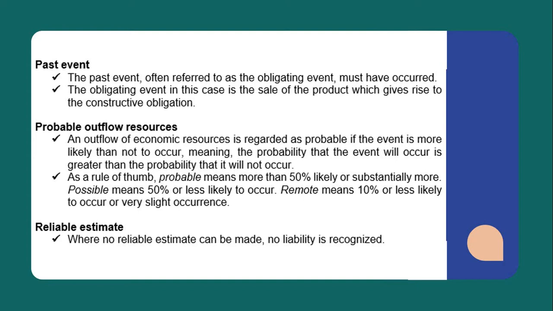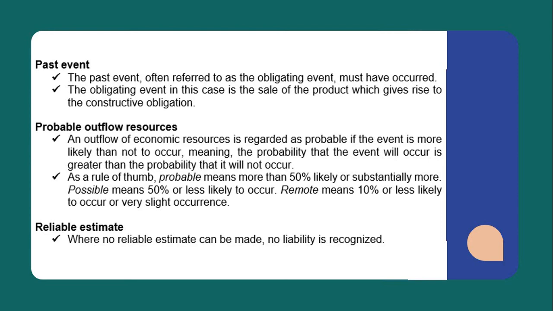So that is the probability rate. If the probability of occurrence is more than 50%, it means to say it is probable. So when it is probable, we need to recognize the provision.